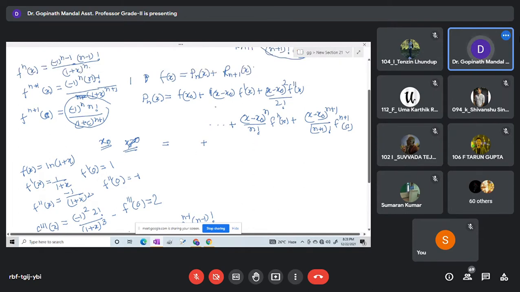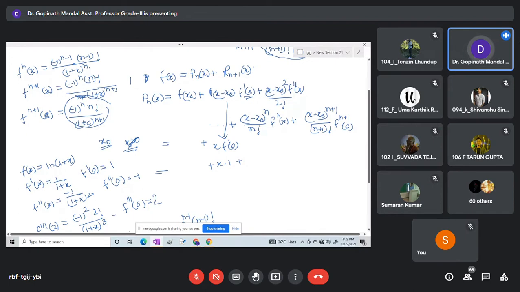Now these terms, what will be the value? x minus 0, that is x, into f dash 0, so that is x into 1.